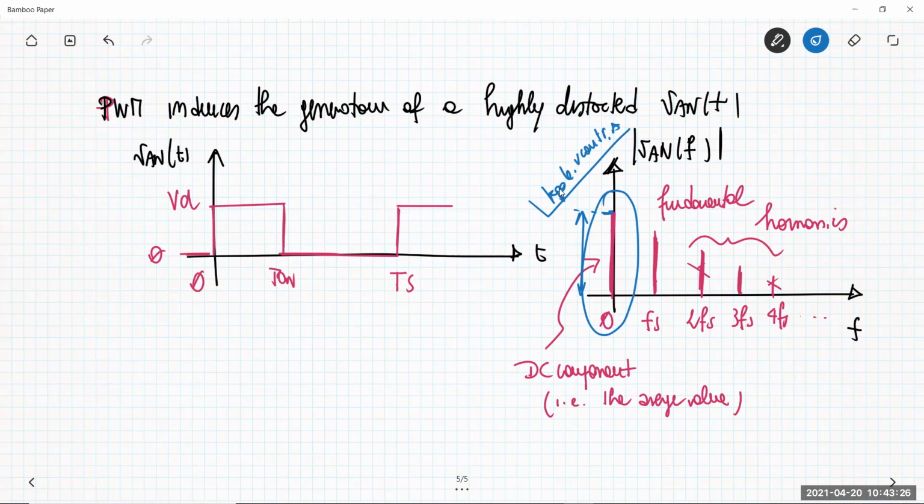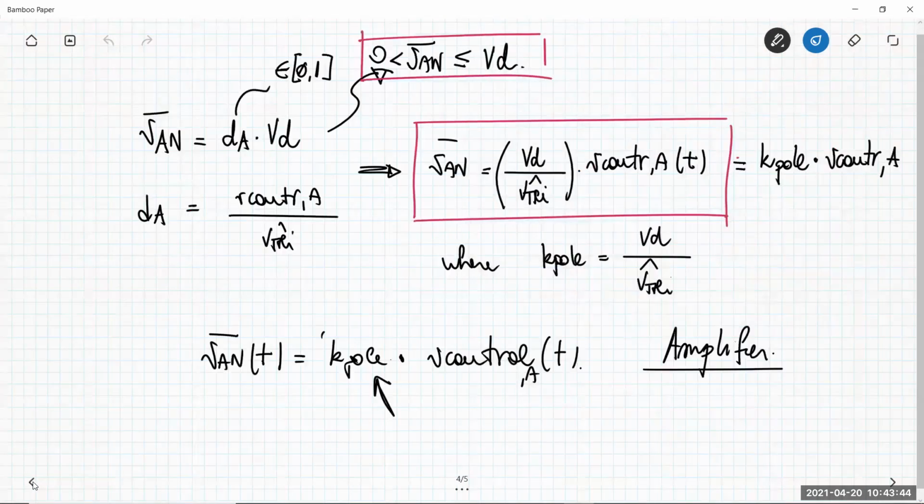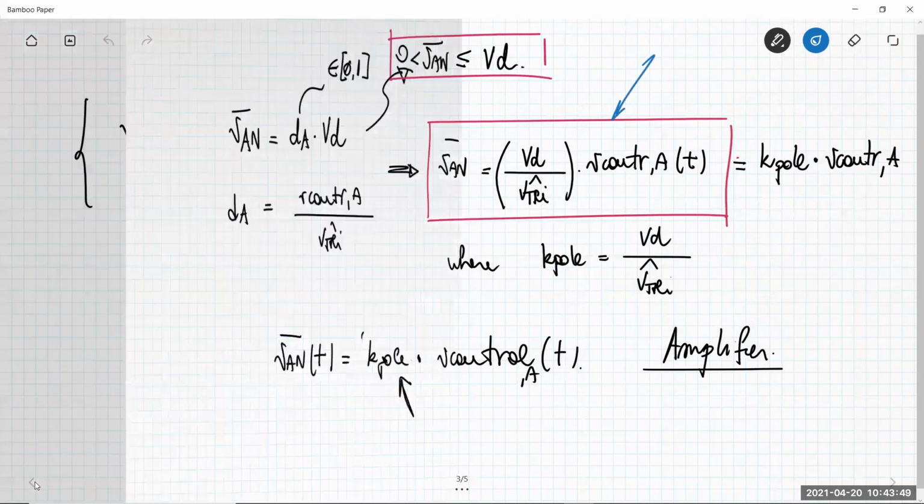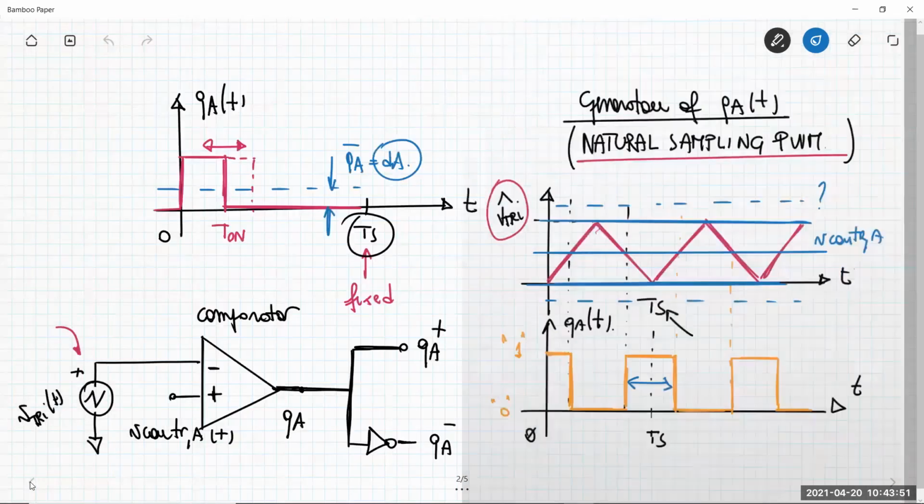And then at this point, I can use a process which is the opposite of the modulation at the beginning of this chain. So I need to demodulate the voltage waveform VAN in order to keep just the average value. So at the end of this process, in order to get the VAN average value, which is the quantity applied here, I need to demodulate.